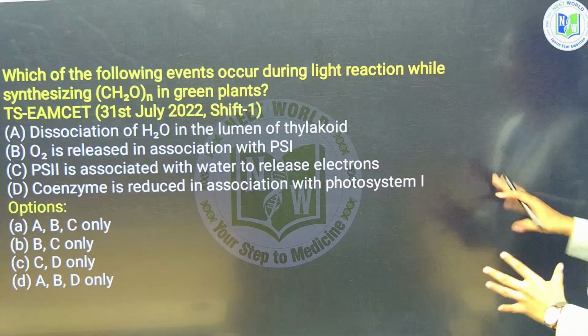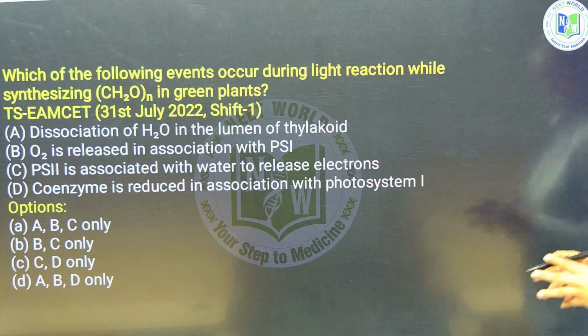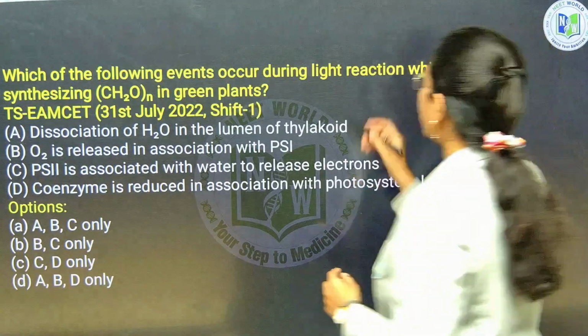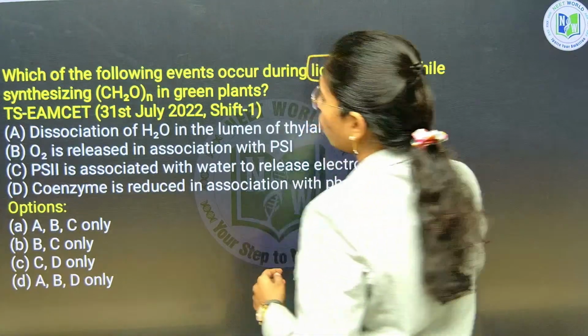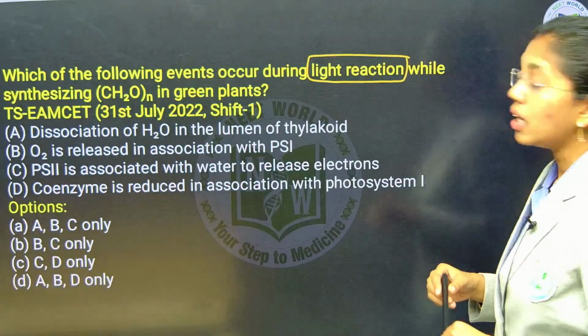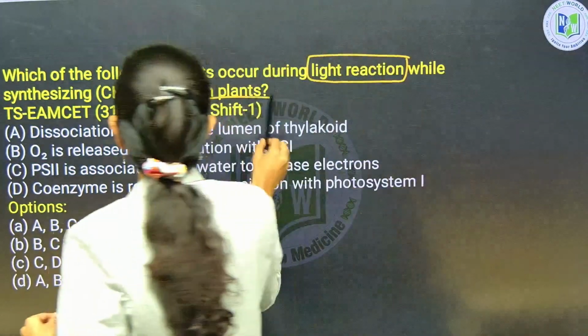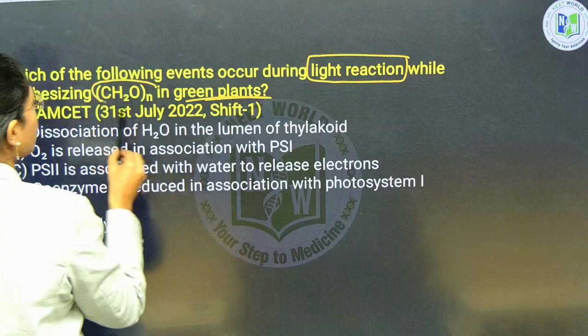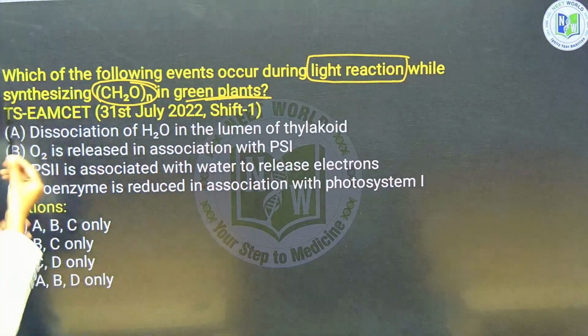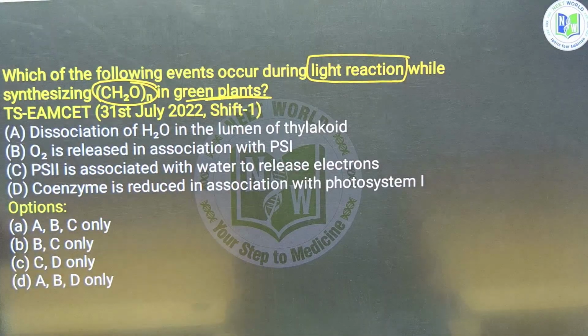Yeah, look at this question now. Which of the following events occur during light reaction while synthesizing glucose in green plants? Or you can say, as this is the general formula of carbohydrates, synthesizing carbohydrates in green plants. Look at the options carefully.